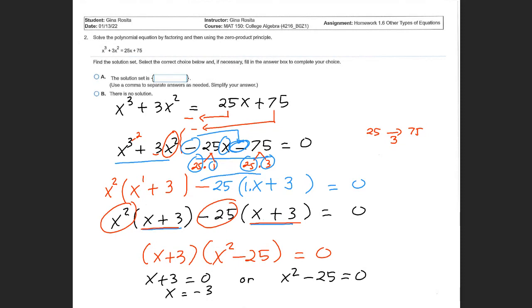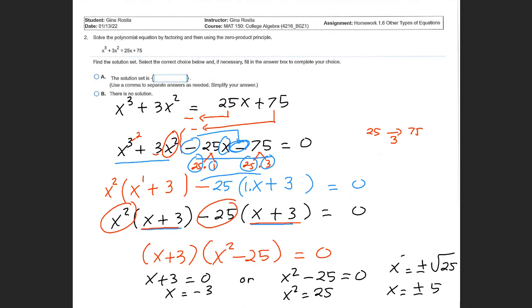Now the next one. x squared minus 25 equals 0. So just move, so x squared equals, move to the right side, becomes positive 25. So x equals plus or minus the square root of 25, which is 5.